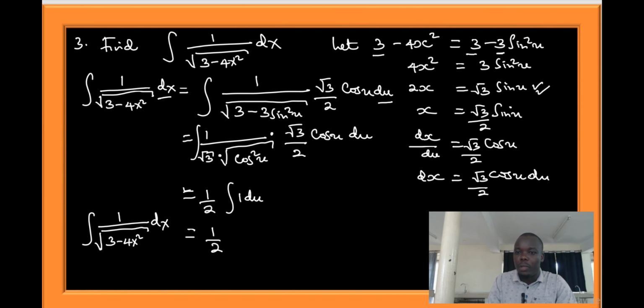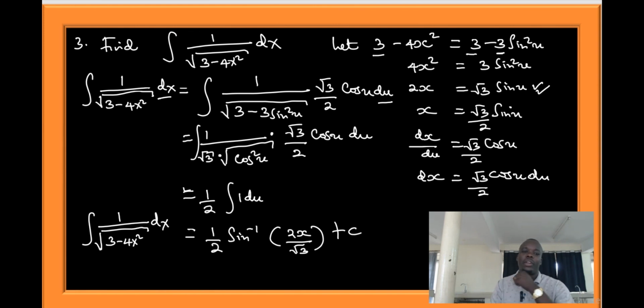When you make u the subject, it becomes sine inverse of 2x out of root 3, and then we say plus a constant of integration. That would be our conclusion for that, and that is indeed the integral of 1 out of square root of 3 minus 4x squared. It is as simple as this.